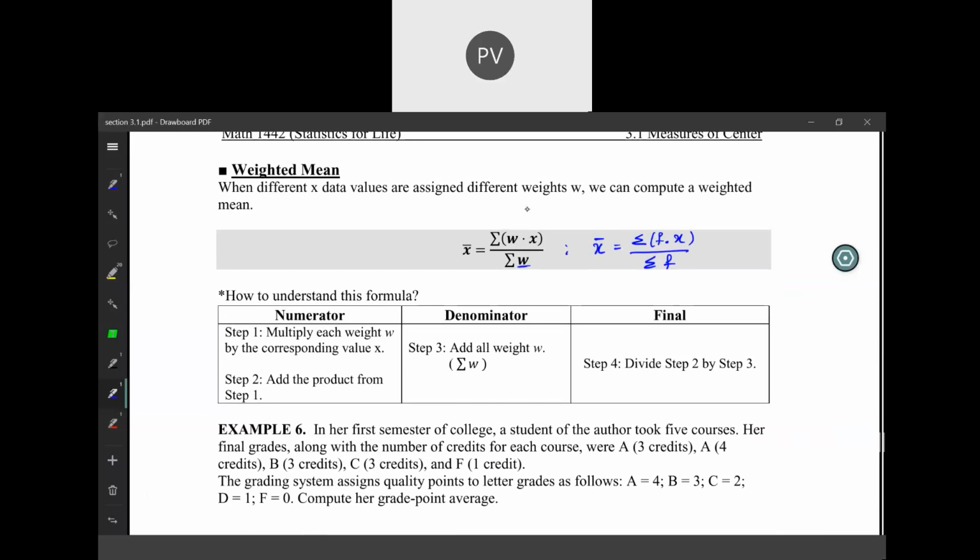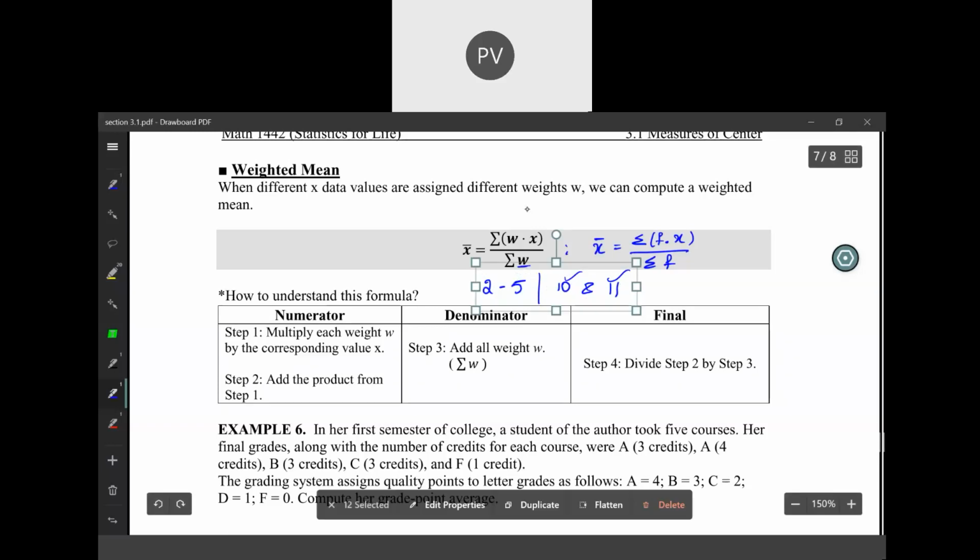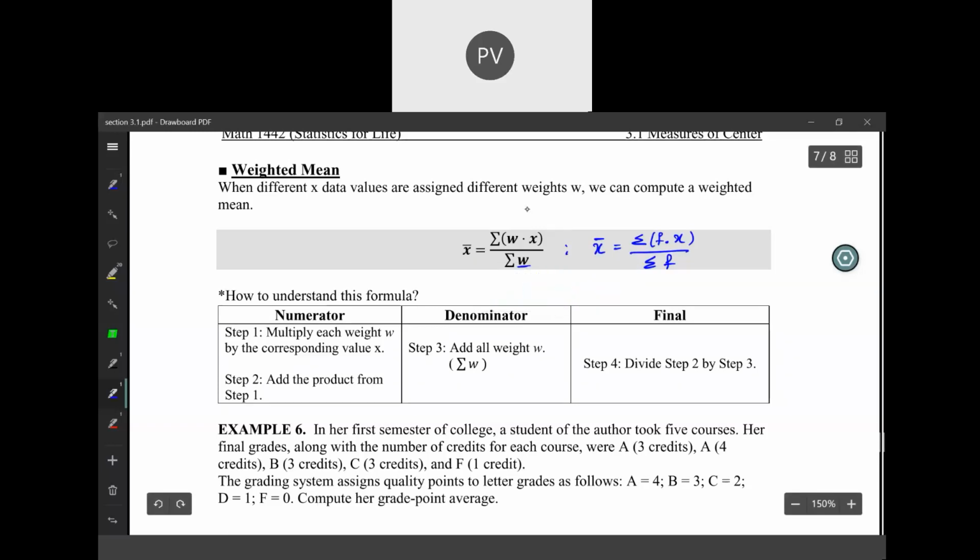Okay, for example, if I have a class interval between 2 to 5 and my frequency would be 10 and also 11. So you have two frequencies for one class interval. In such a case, we will be calculating weighted mean. Okay, let's see how to do that.